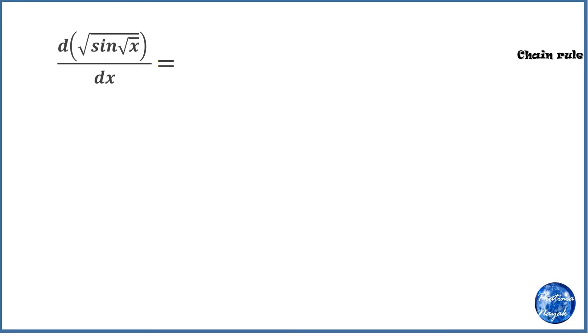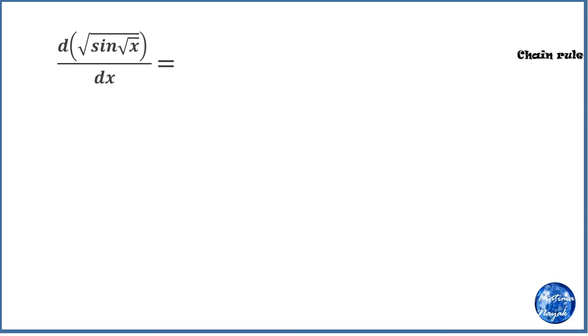If I am taking a more complicated function, if it will be under root sine under root x, what is the outer function now? There are three functions here. One is square root function, one is sine function, one is again square root function. So always you will start from left. Preference will be given to the outer, which is the leftmost side. So square root function first, under root x is 1 by 2 root x.